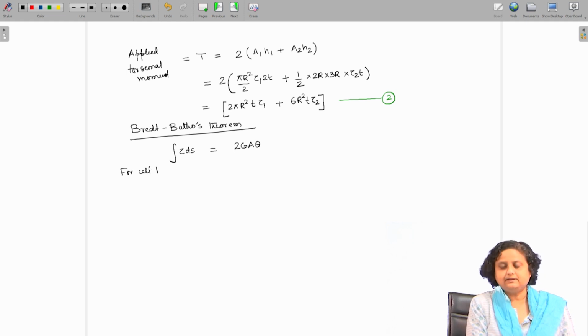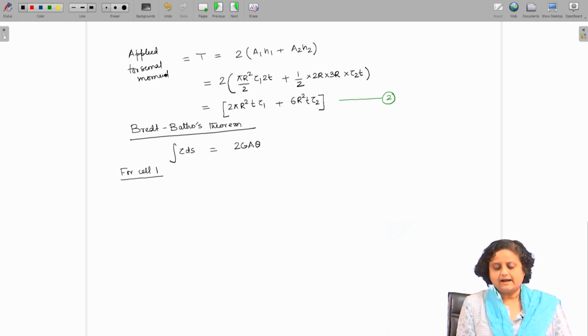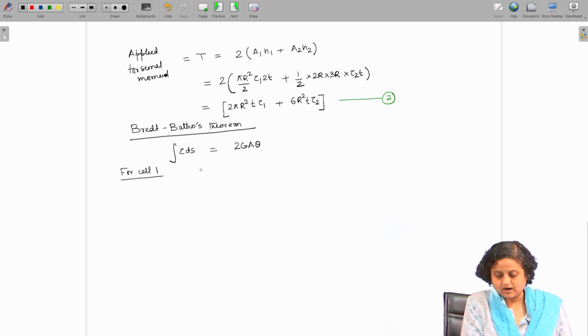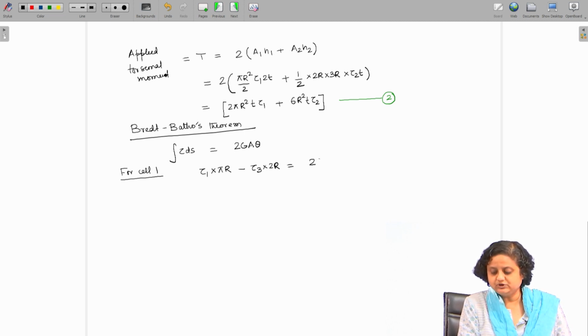For cell 1, I get tau 1 into pi r minus tau 3 into 2r is equal to 2 G A1, where A1 is pi r square by 2, into theta.